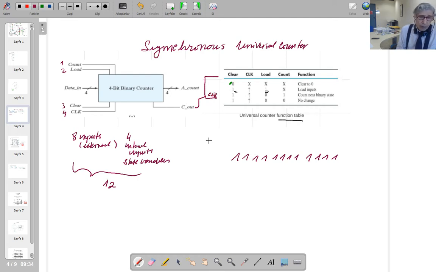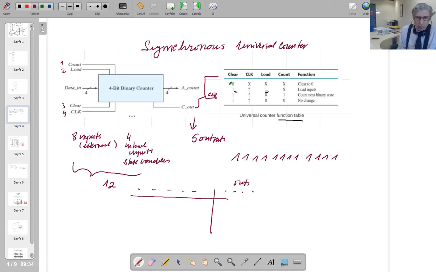Now, the inputs and the outputs: 5 outputs we've got. If you want to draw a truth table for this universal synchronous counter, you're going to put 12 variables for the inputs and 5 outputs.